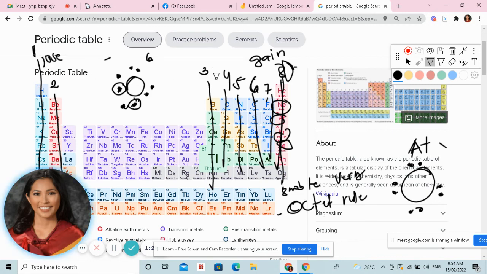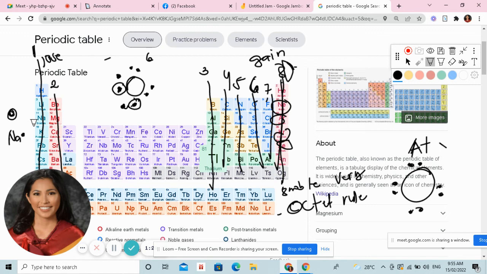So how many valence electrons does sodium have? Sodium has only one. It has to achieve octet, which should be 8. So what will sodium do? How many does it need? 7.